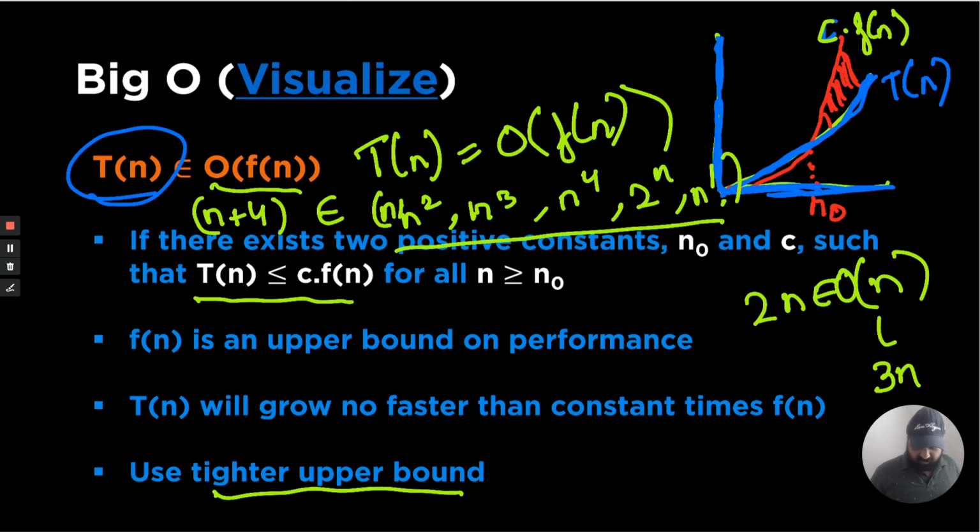So we want to suggest the lowest of all the upper bounds. Although n plus 4 can belong to n square, 2 to the power n, and so on, the lowest one it can belong to is n.